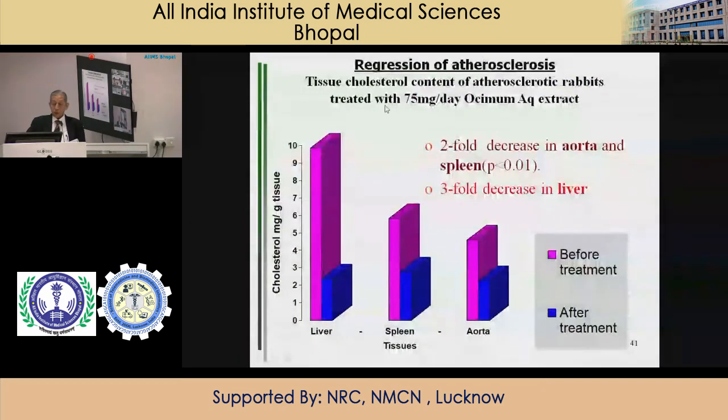Regression of atherosclerosis: this is the tissue content of the atherosclerotic rabbits treated with 75 milligram of Ocimum extract. You can see the original and after the treatment, in liver, spleen and aorta. There is a twofold decrease in aorta and spleen, and a threefold decrease in liver.